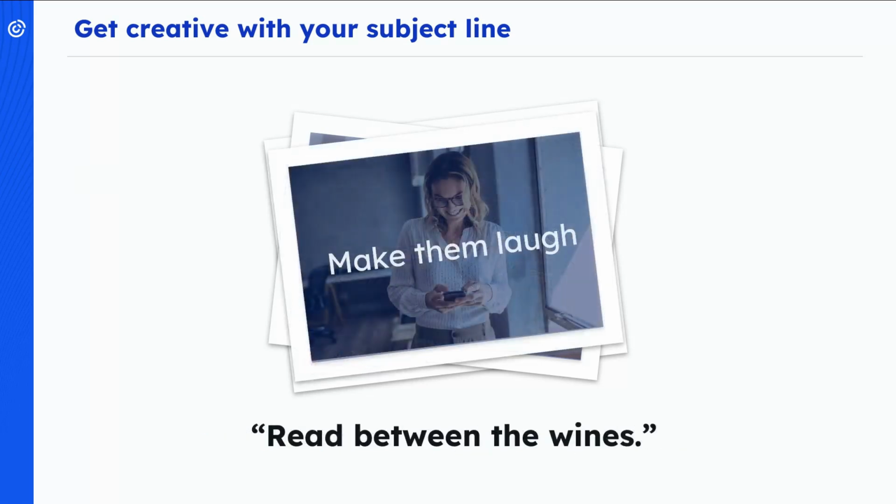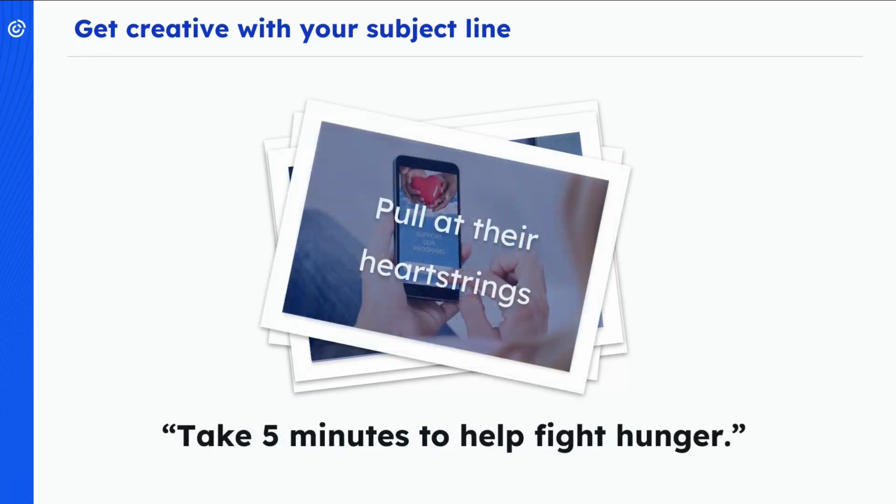You can also make your readers laugh with a joke. In this case, an example could be read between the lines. And for my nonprofits out there, if you can pull at their heartstrings with an emotional subject line like take 5 minutes to help fight hunger, that's going to capture their attention as well.